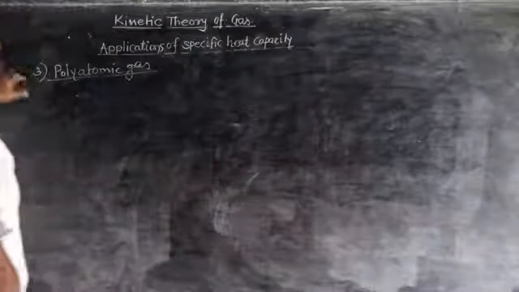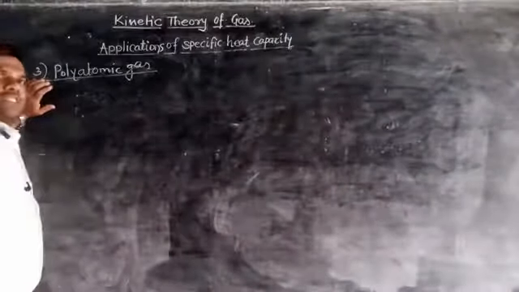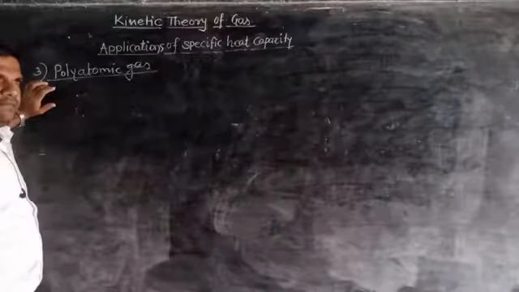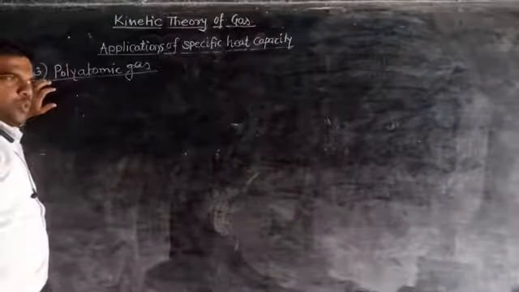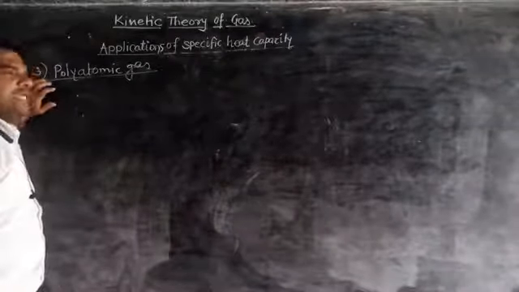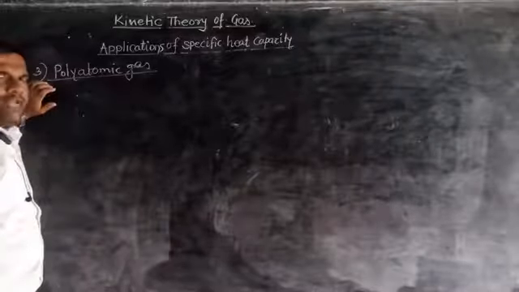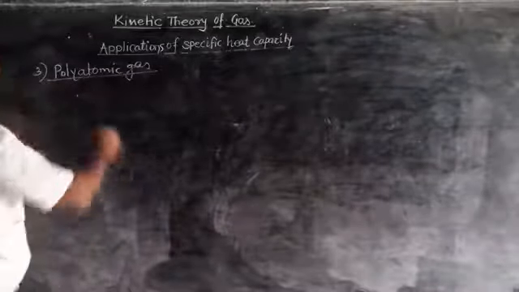So a polyatomic gas consists of 3 translational degrees of freedom, 2 rotational degrees of freedom, and some number of vibrational modes of degrees of freedom.